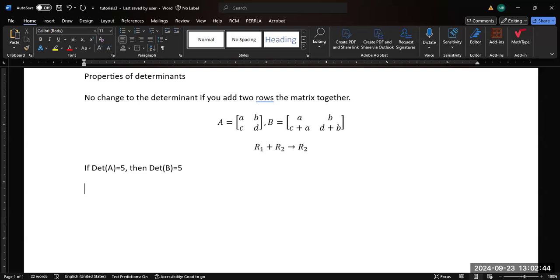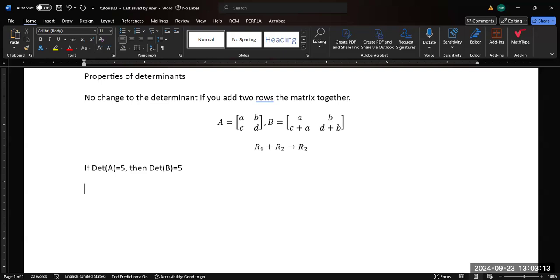Now, it does matter exactly what you're doing when you add two rows together. If you multiply a row by something, that does affect the determinant. And normally when we do row operations, we combine this process of multiplying and adding, so there are ways that can sometimes affect the determinant and sometimes not.